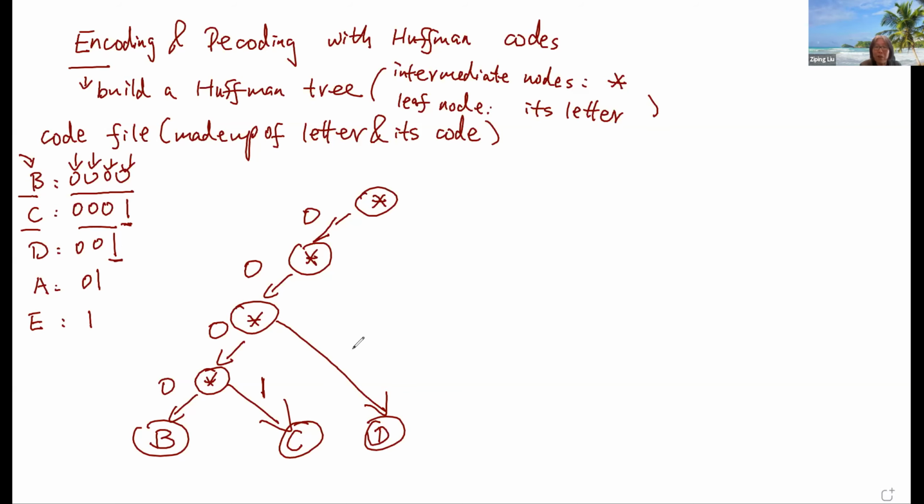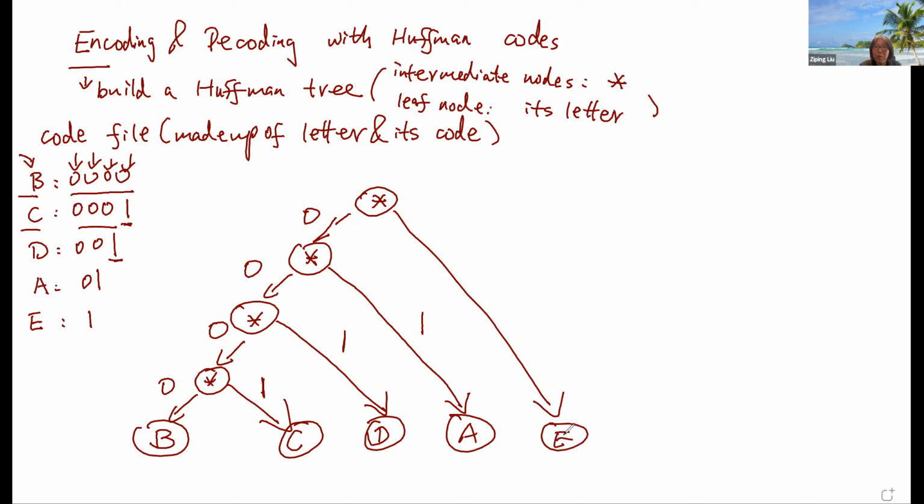So it's D. And then what's the next one? It's 0 and 1, and you don't have that branch yet, so you add that branch. And the last one, you go directly to the branch and you add the branch as 1.